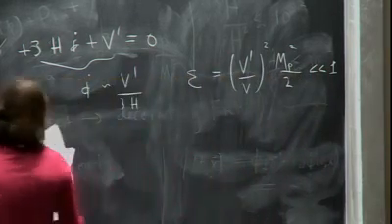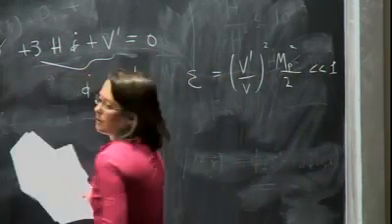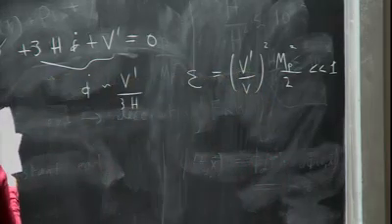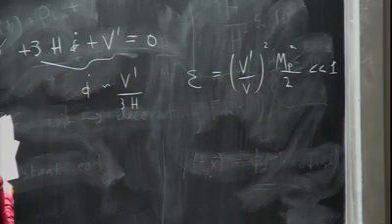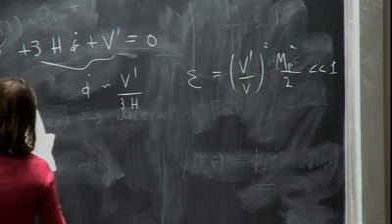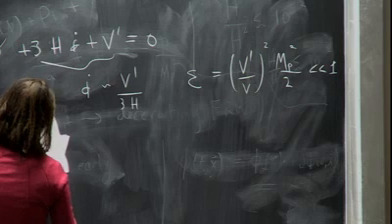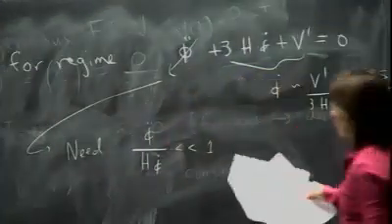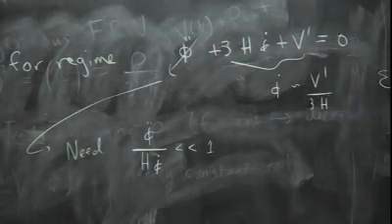The second thing we need, though, is: was it self-consistent to get rid of the phi double dot? So for consistency, we need that term to be small compared to the two that we're keeping.